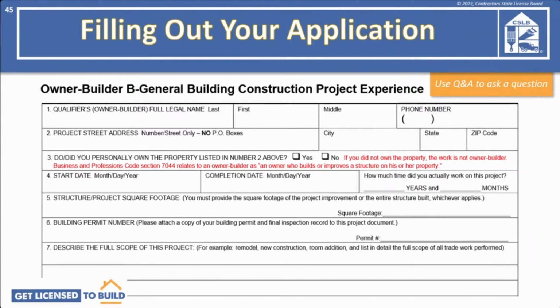You will need to list the building permit number on line 6. On line 7, you will need to provide the scope of the project. In boxes 8 through 10, you will need to provide more detailed information about the project. Question 11 asks if other general construction contractors worked on the project and what trades they performed. Remember, this information should be as complete and accurate as possible.